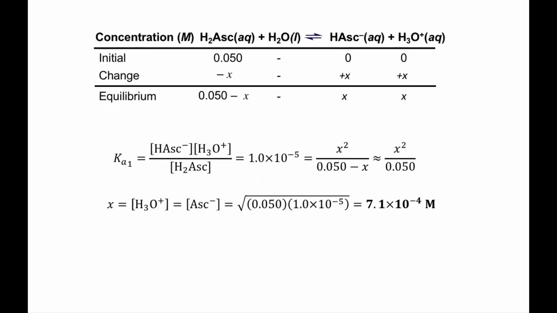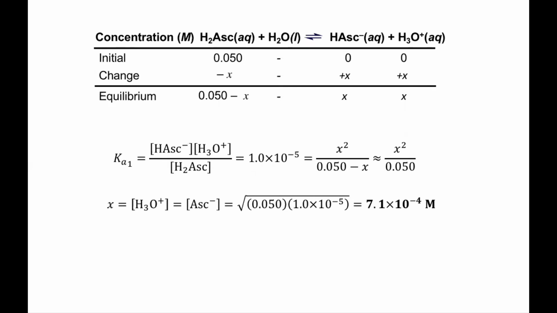So that's that general equation that we learned earlier, where x is equal to the square root of C times Ka, where C is the concentration at equilibrium. And since usually these weak acids have the same equilibrium concentration, more or less, as the initial, C is usually obtainable very easily.